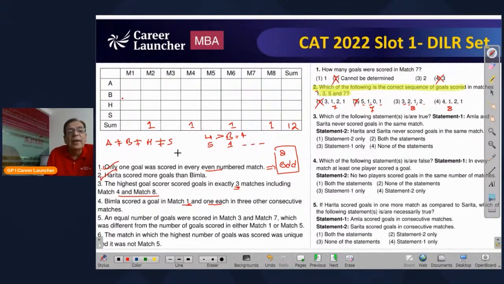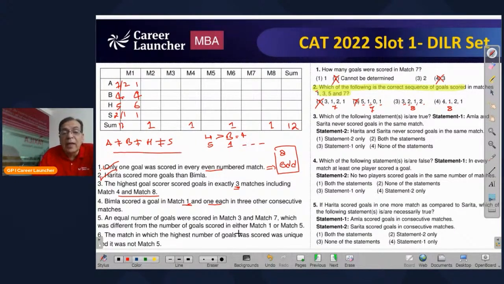So let's now make cases. If Bimla has scored 4 goals and Harita scores 5 goals, that means 9 goals gone out of 12. That means this could be 1. If Amla is 1, Sarita will be 2. If Sarita is 2, Amla will be 1. This is one case. Can Harita have 6 goals? 6 plus 4, 10. That means the other 2 will have to be 1, which is against this condition given.